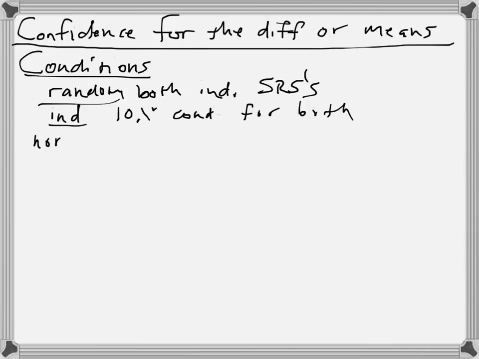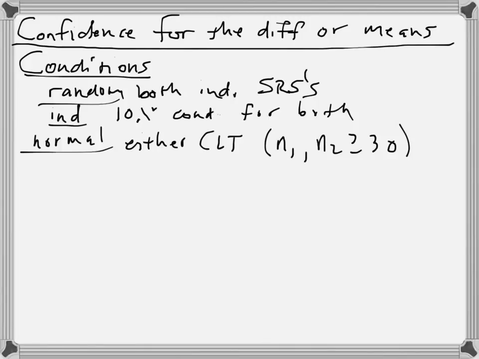And the normal condition, and this is where life gets tricky. There are 3 options. Either we could use the central limit theorem, and in this case, n1 and n2 have to be greater than 30.